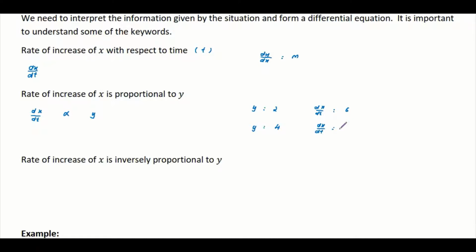You know it's going to double as well, so it becomes 12. What you can realize is that there is a constant that always connects them together. How do you get 6 from 2? You multiply by 3. Same thing, how do you get 12 from 4? You multiply by 3. So when we rewrite this in the form of an equation, we write dx/dt equals a constant multiplied by y.